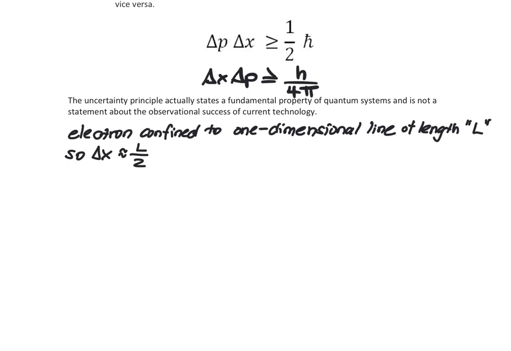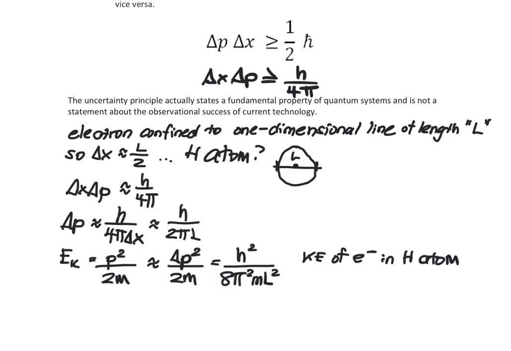So the uncertainty in position will be like the radius, L over 2. Saying again that L is the diameter of, say, a hydrogen atom, so delta x, where the electron could be, is bounded by that.